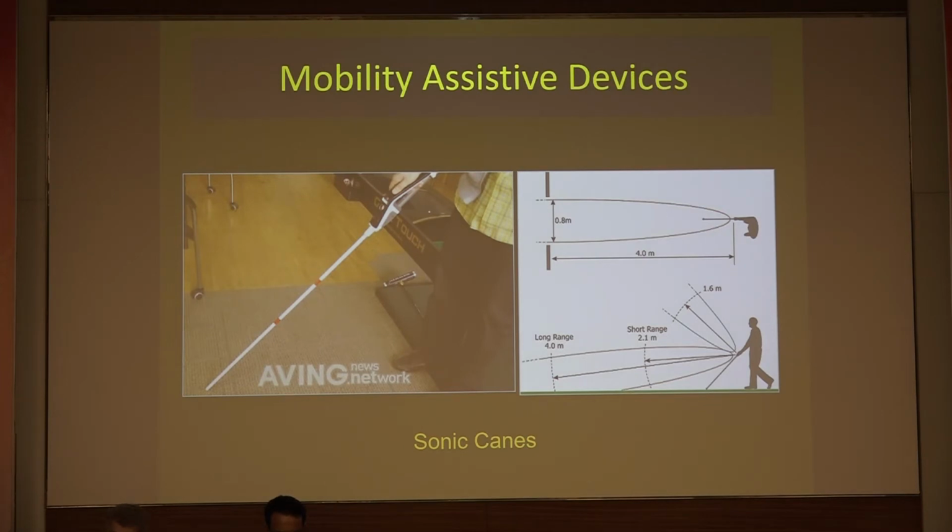Usually we have simple canes which help in moving here and there, but sonic canes actually come with an ultrasonic sensor capable of detecting obstacles in the range of about 25 degrees in the horizontal region and about 50 degrees in the vertical range. And this system causes the cane to vibrate when some obstacles come in their upcoming path.